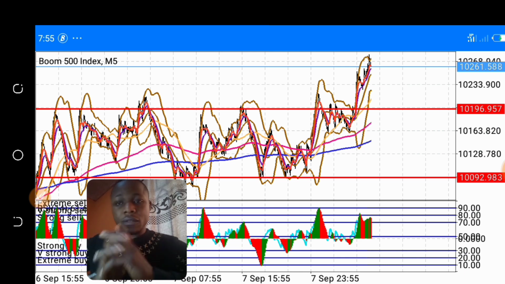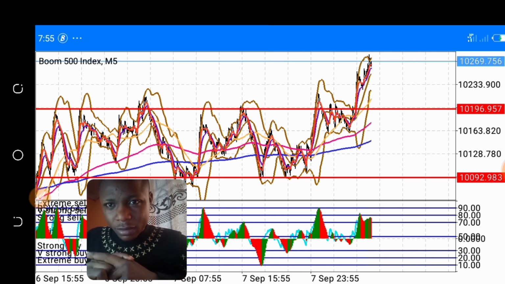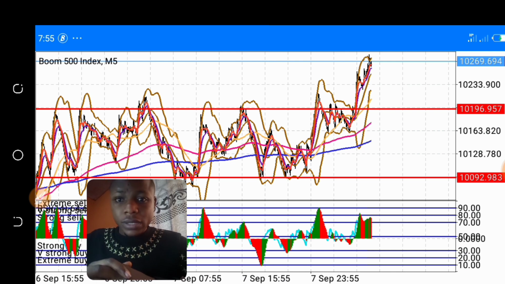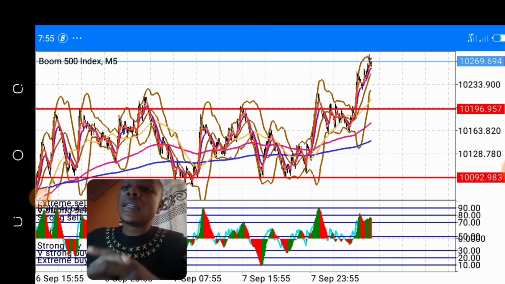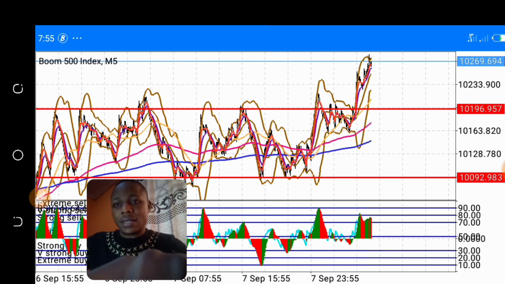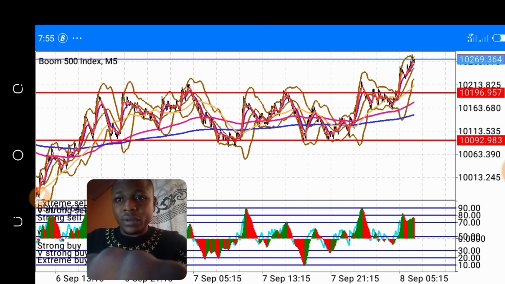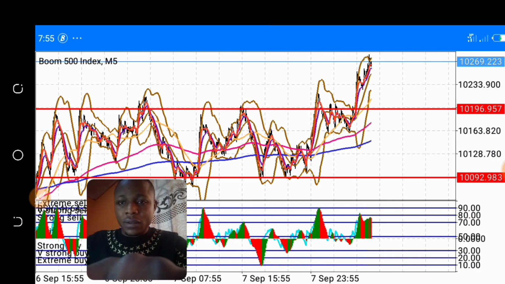resistance and support levels. Now, another great tool is the trend line. Trend line also works as resistance and support lines, but this time around they are not on a plain level like this. They are not horizontal.